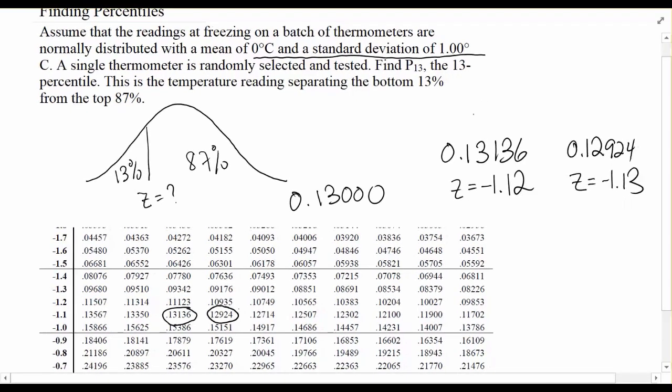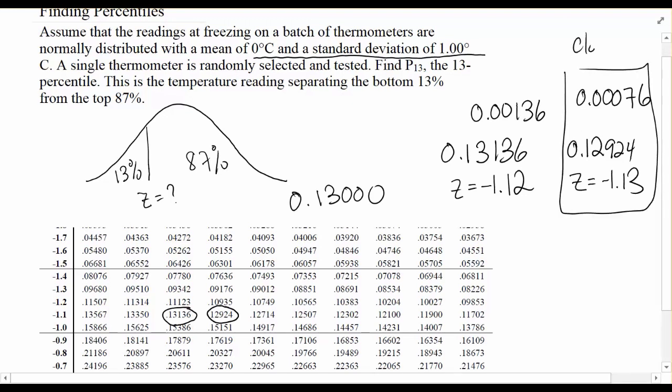The first one is 0.00136 away. This one is 0.00076 away. So it looks like this guy over here is closer to our 13% that we were looking for.